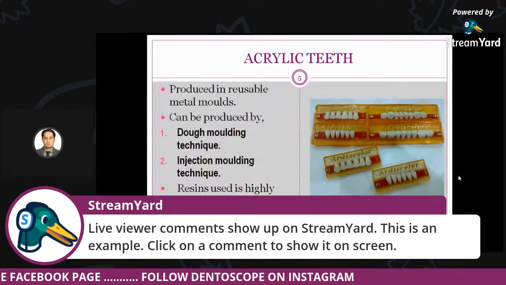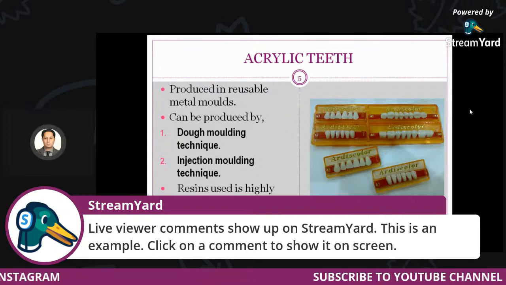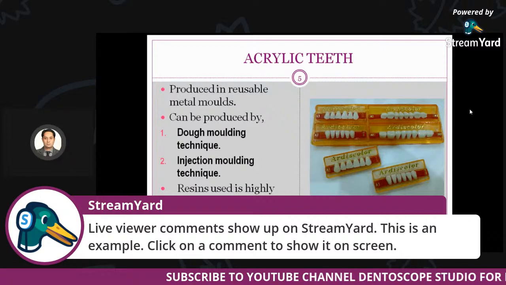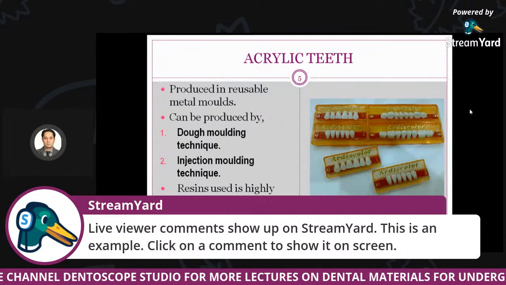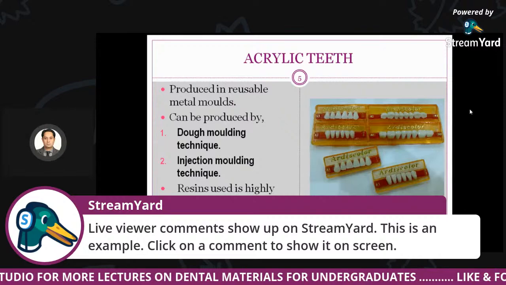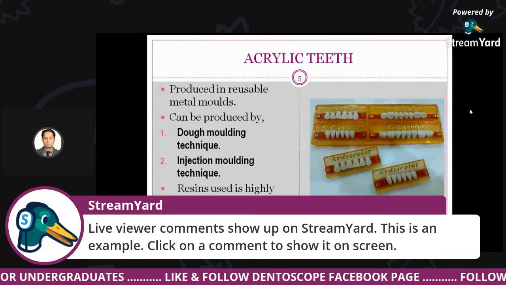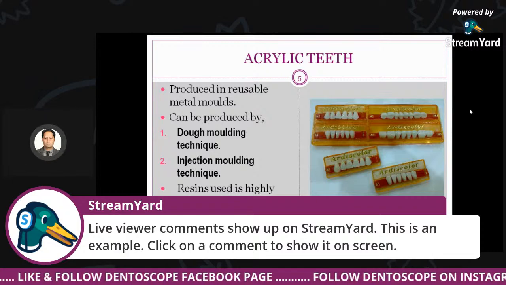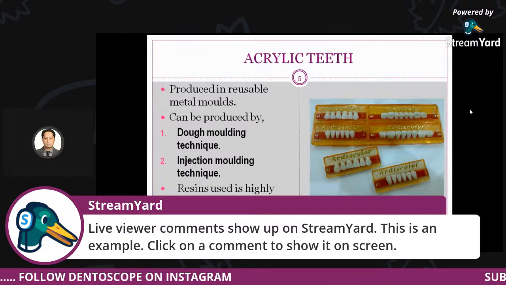Moving ahead, let's see what acrylic teeth exactly are. A brief introduction about the acrylic teeth. Well, acrylic teeth are produced from reusable metal molds. There are certain metal molds of different sizes and shapes according to the artificial teeth that we are going to fabricate.